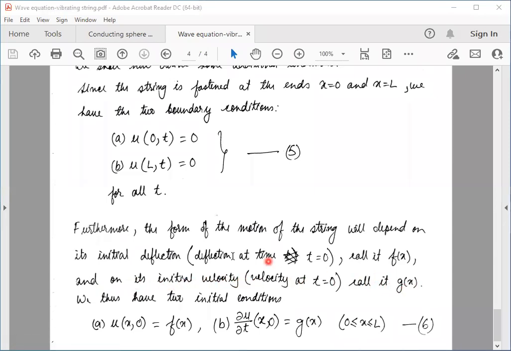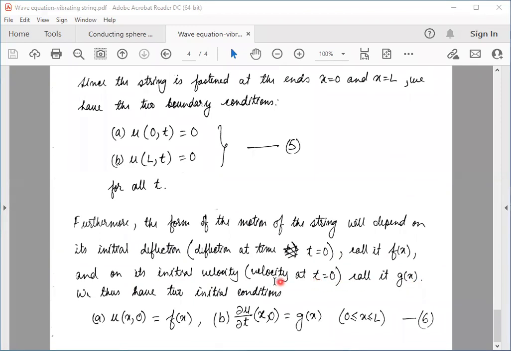Then we have two more initial conditions: the displacement at initial time is equal to f of x, and the velocity at initial time is equal to g of x, for all values of x from 0 to L. So these two conditions are called initial conditions, and the other two are called boundary conditions.